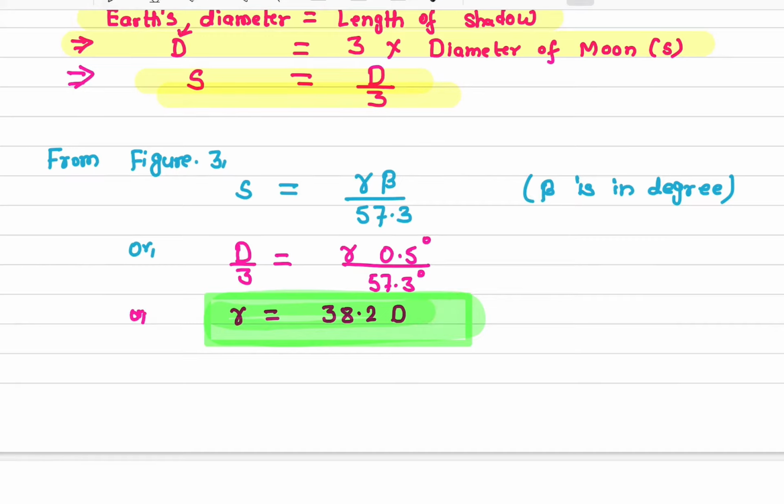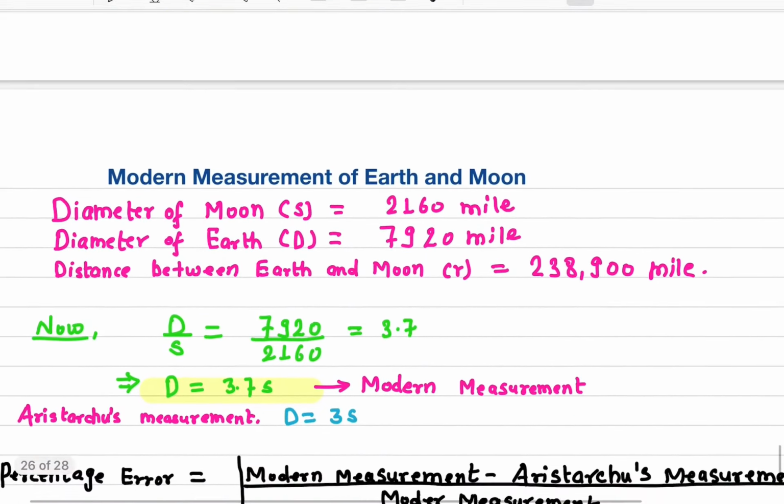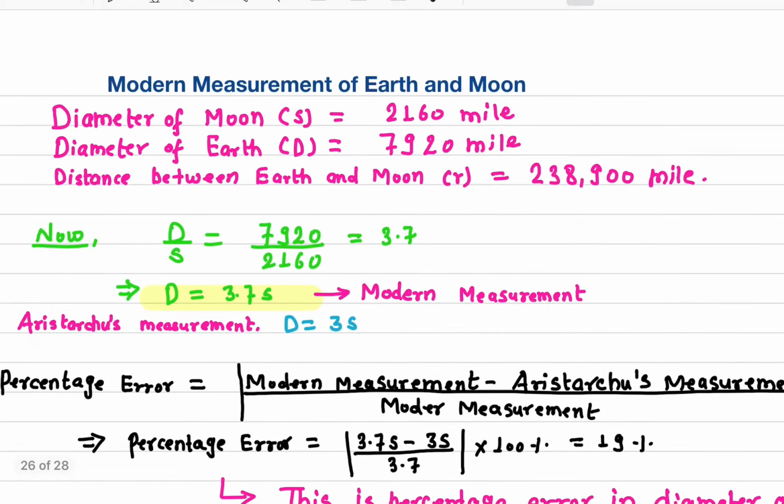Now let's compare this with the modern values. The modern measurement tells you the diameter of the Moon is 2160 miles and the diameter of the Earth is about 7920 miles, and the distance between the Earth and the Moon is this much. So if I take the ratio D over S, what I see here is 3.7.